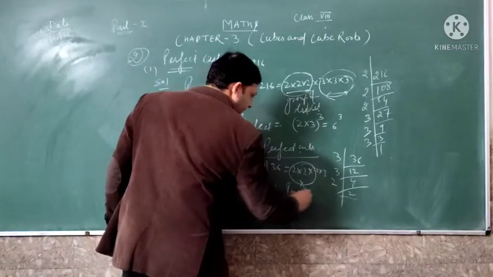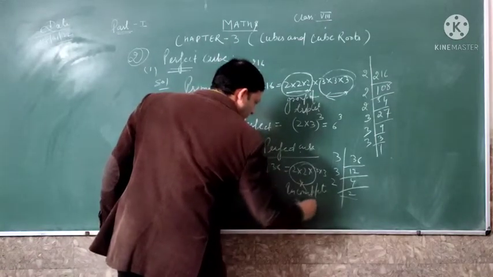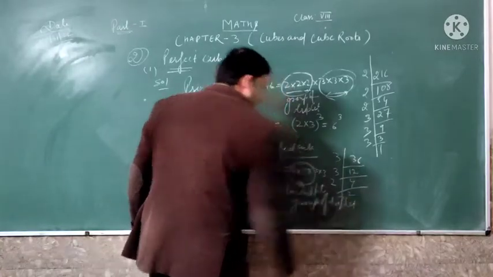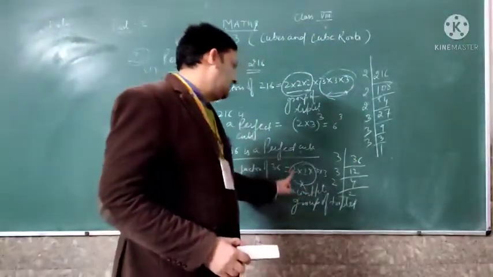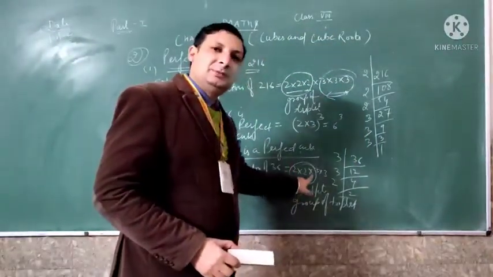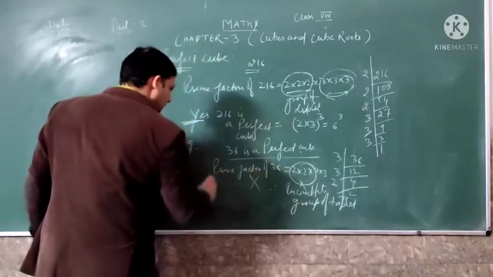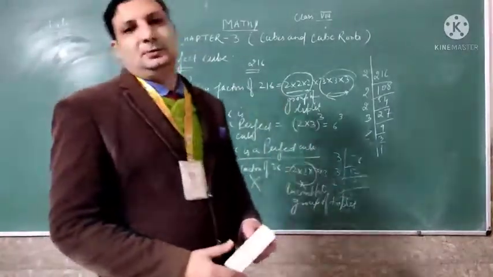Incomplete group of triplet. Triplet means we have to make a group of three same numbers, individually three. The 2 must appear 3 times, but here it is only 2 times. It means no, 36 is not a perfect cube number.